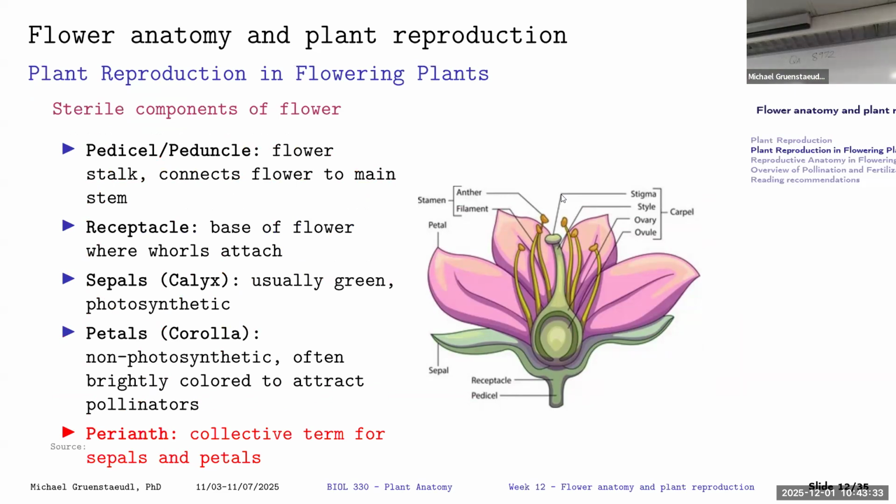You might remember we have 4 whorls in every flower, right? So if this is the base of the flower, we would have typically green sepals. This is, of course, a flower just from the side. Then colorful petals.